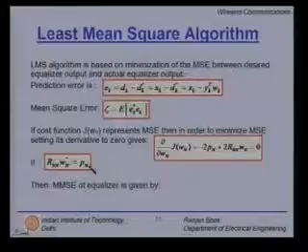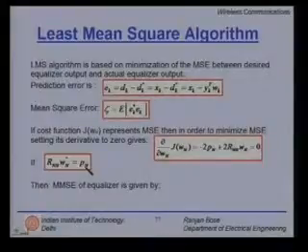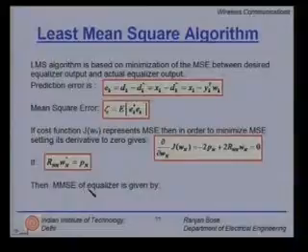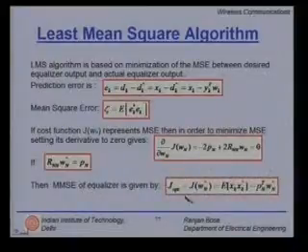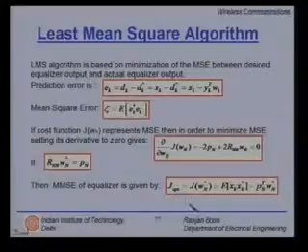This is the correlation between the expected x_k and y_k, the received vector. If this is set, the minimum mean squared error of the equalizer is given by the following equation. So, if you use the LMS algorithm, this is what you expect to get in terms of the minimum mean squared error.